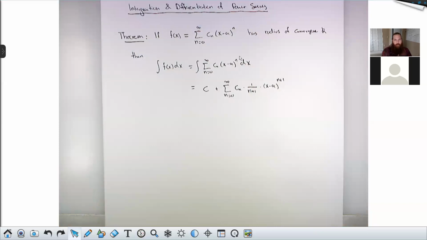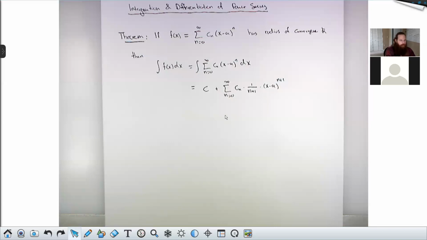So you add 1 to the power and you divide by the new power. The x minus a thing is a micro u sub. Yeah, practice. Practice more than staring. You're really just integrating a polynomial.